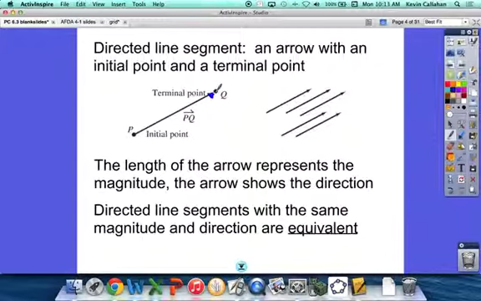So magnitude and direction. Now, if you look at all of these here, they're all the same length arrows, and they're all in the same direction, meaning they're parallel. When the directed line segments have the same magnitude and direction, they're called equivalent.